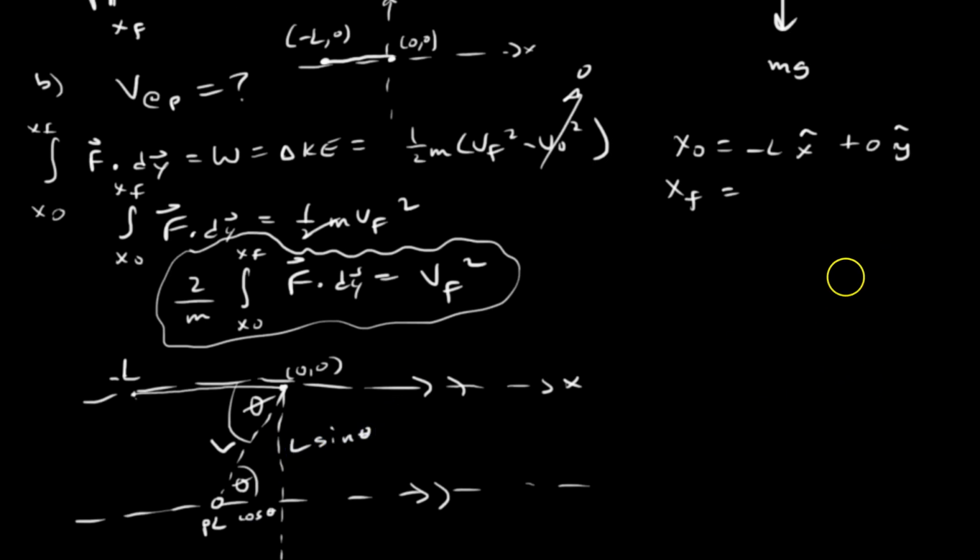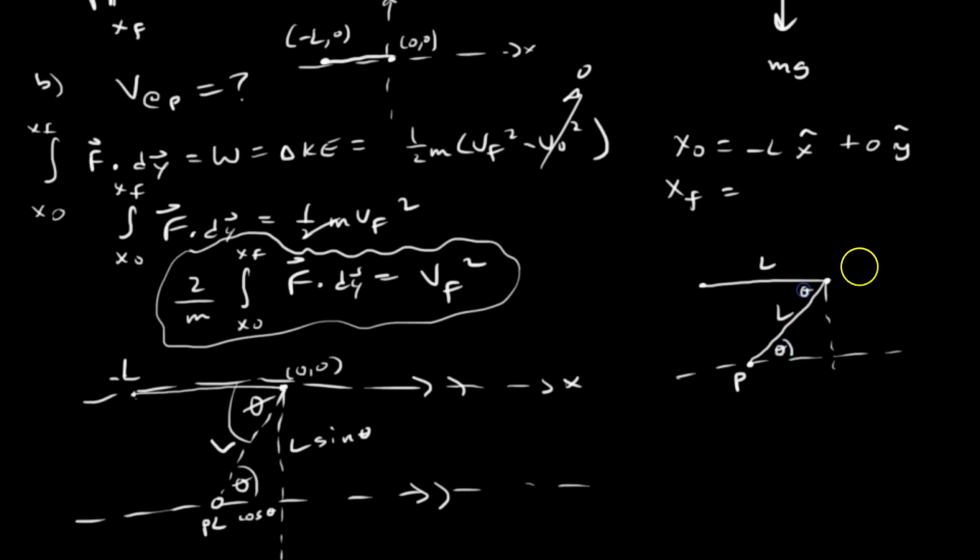So let me just draw that again. We have this pendulum starting over here, and then it's going to go over here to point P. But the length doesn't change. It's just swinging down, so this is both L. And then if we drop some lines here and here, we know that this angle is theta.